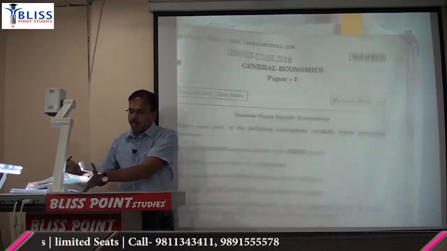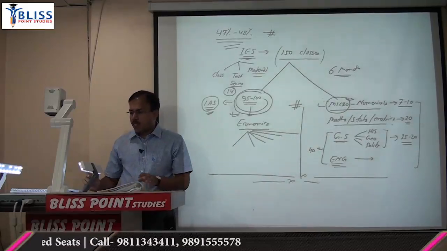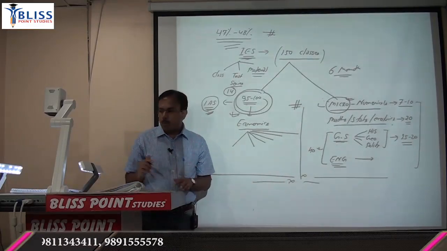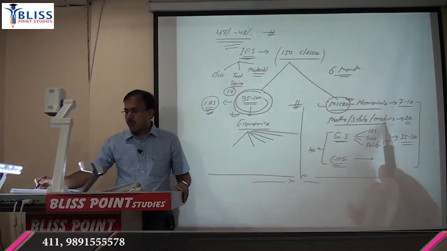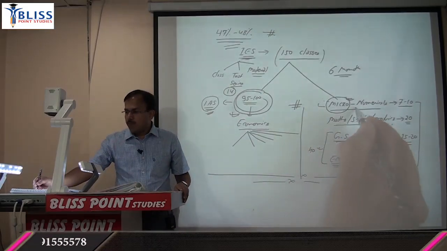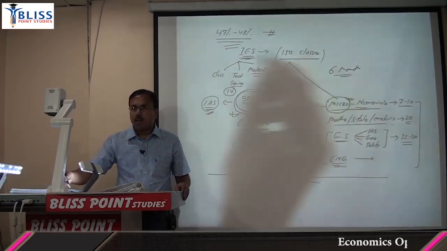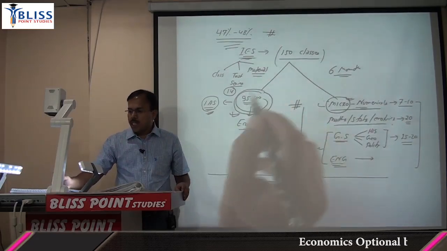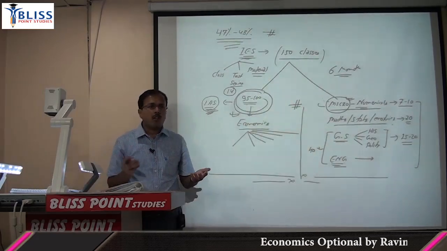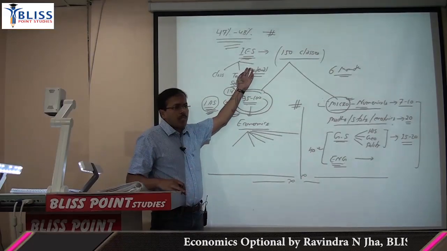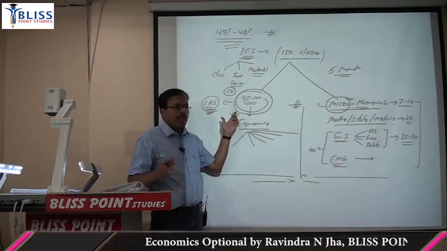The differentiating factor is clear. The differentiating factor will be basically paper 1, which is mainly maths, stats, and econometrics, which I have written separately, and micro numericals will also be separate. So I think if you cover all 150 classes, then you are obviously covering the optional as well, because any student who is taking the economic service class, this entire optional class is included.